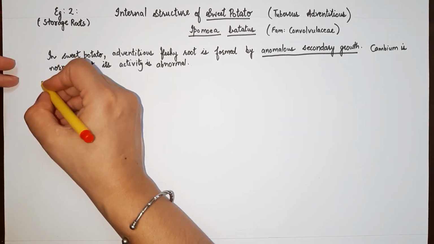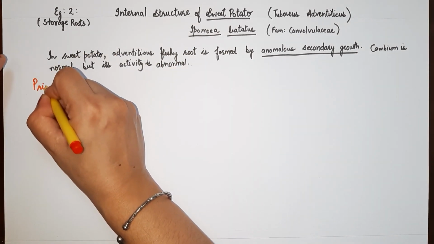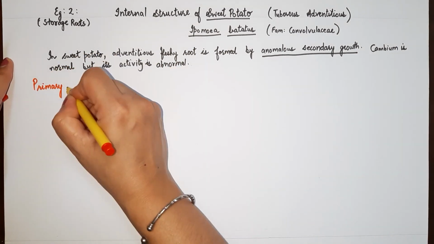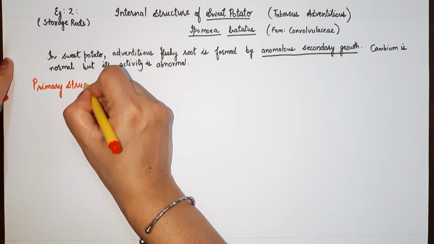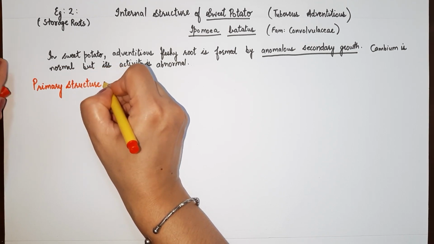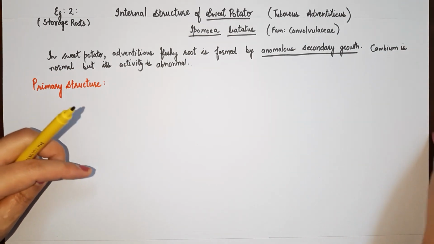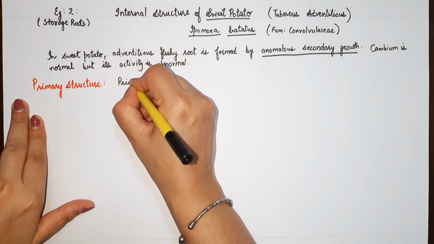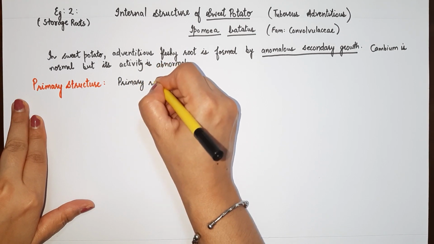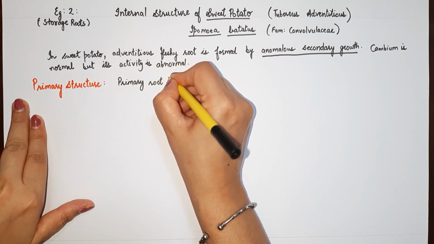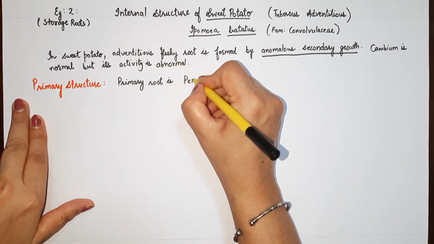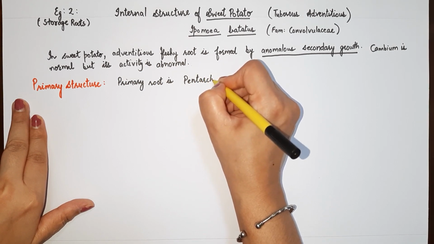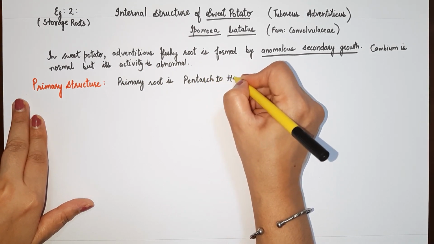Okay, so first thing about its primary structure. Primary root is pentarch to hexarch.